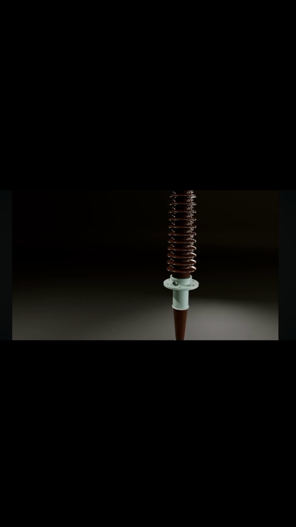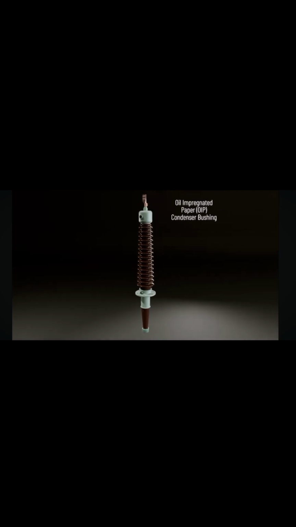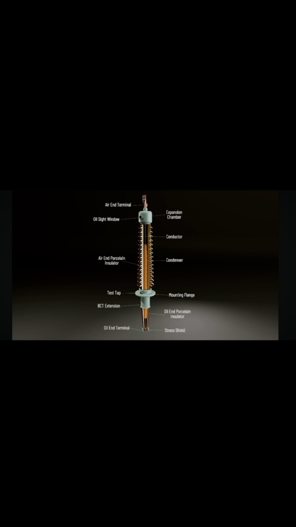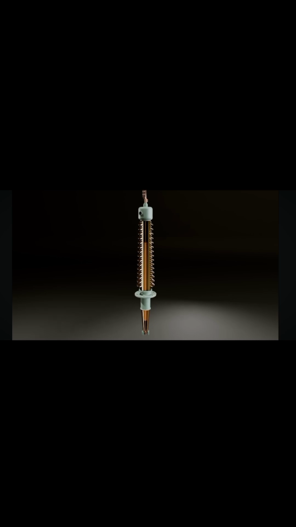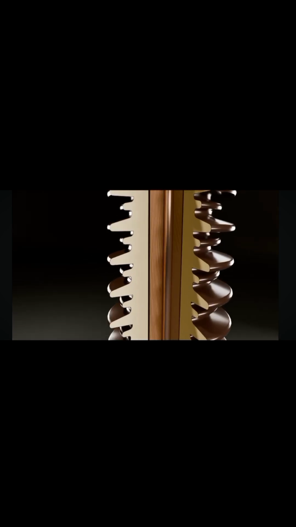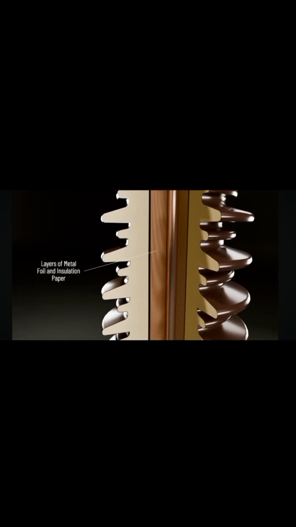For the high-voltage side, oil-impregnated or resin-impregnated condenser bushings are used, as they are designed to withstand higher voltages. A condenser bushing consists of a central conductor, surrounded by a condenser and a porcelain insulator. The condenser is made up of layers of metal foil and insulation paper impregnated with oil or resin.